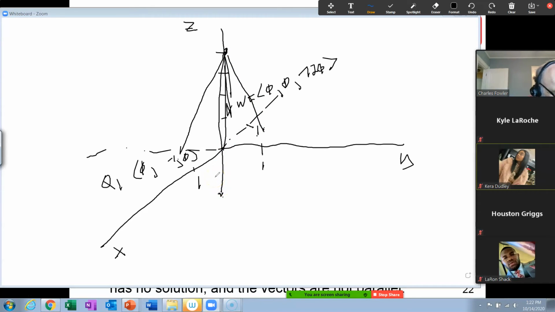Whew, this is a long problem. So we want these three forces, this to be F1, this, I think, was F2. This is Q2. Yeah, that's the point.